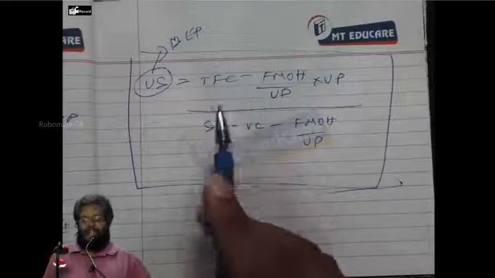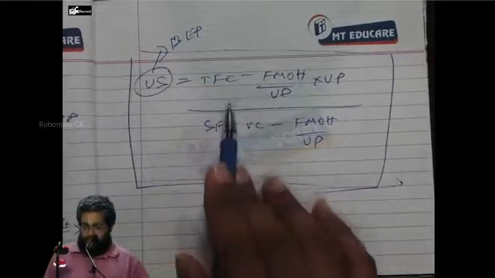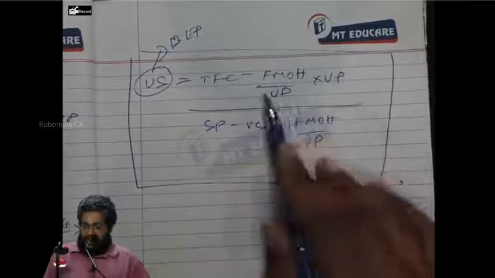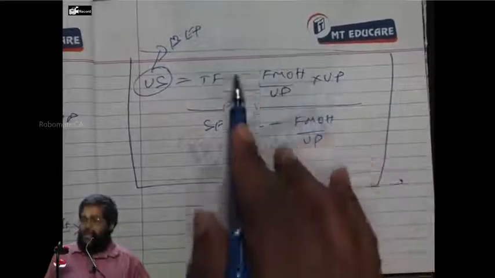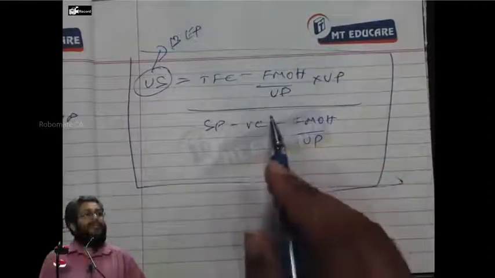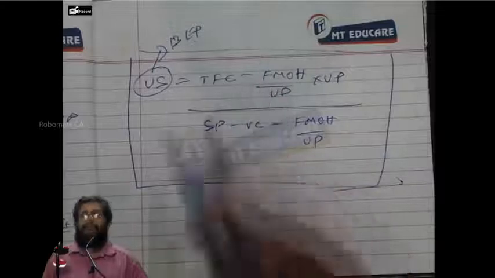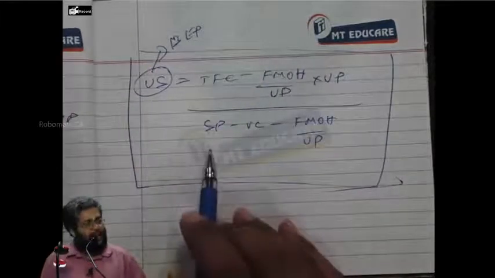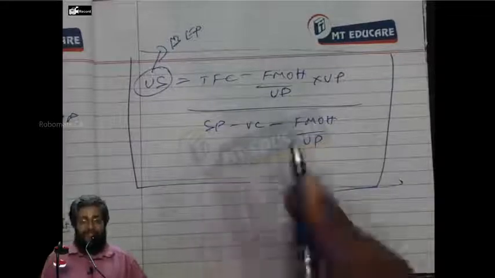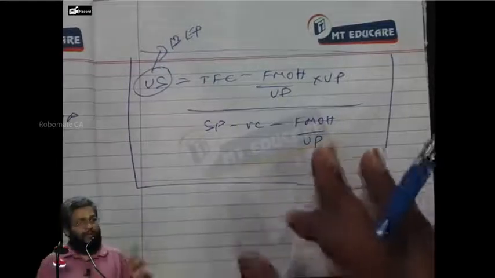Another way to understand: total fixed cost minus, this is the absorption rate. Absorption rate into UP is called absorbed overheads. So total fixed cost minus absorbed overheads, divided by selling price minus variable cost minus absorption rate.